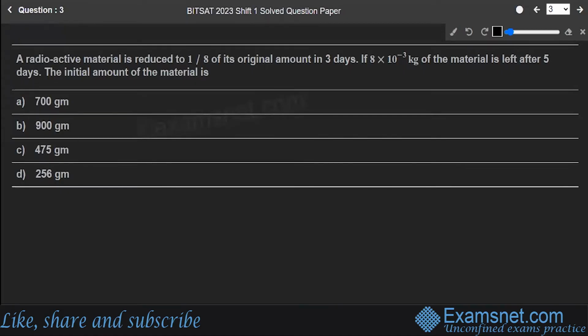So this is a radioactive decay question.